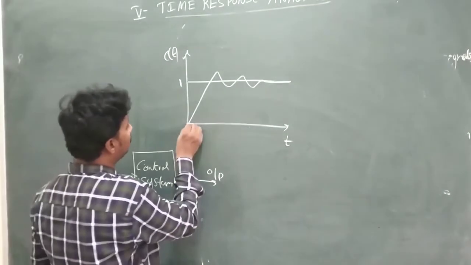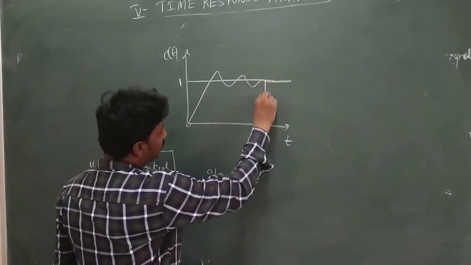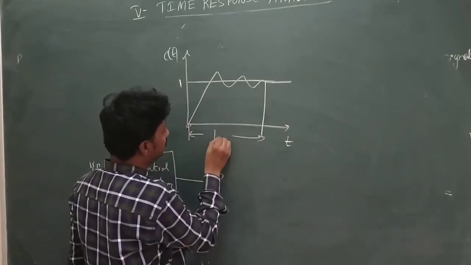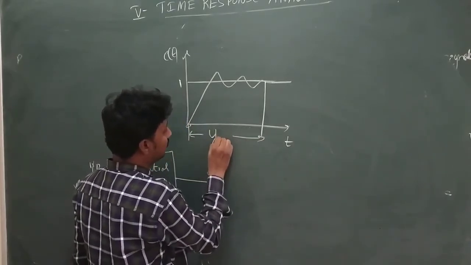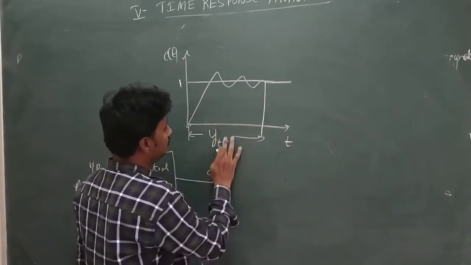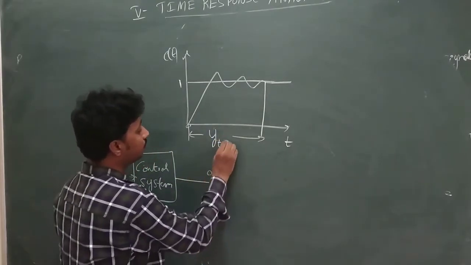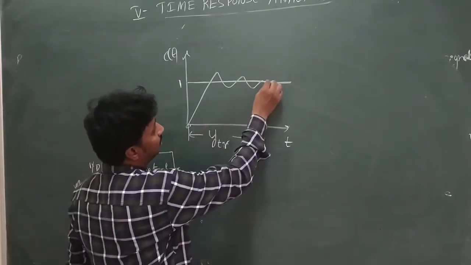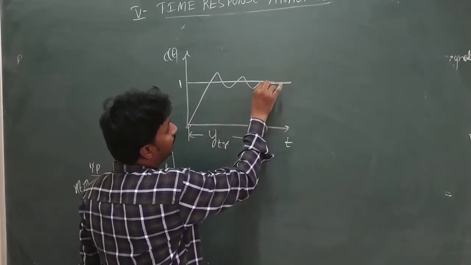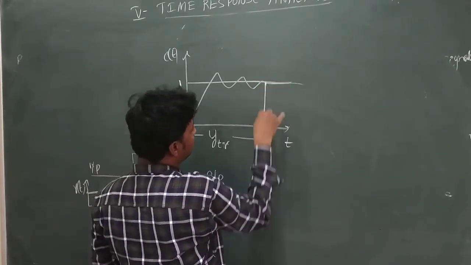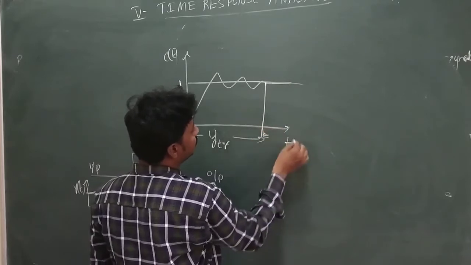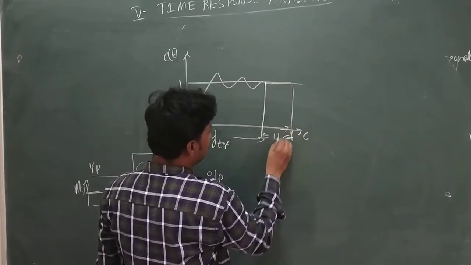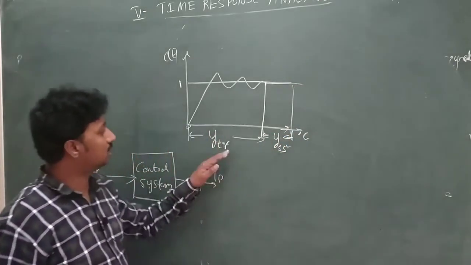Now here you see, from this point to this point, we say it is the transient response. After the transient, what happened? It becomes stable. So this portion, from here onwards, we call it the steady state response.